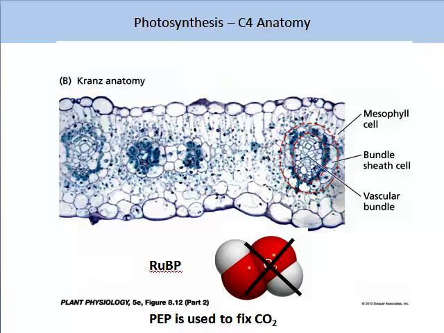C4 plants have evolved to use a compound called PEP, and this is used to fix carbon dioxide. The evolutionary advantage of the development of PEP is that it does not bind to oxygen, unlike RuBP. So in these plants, oxygen is no longer a problem.